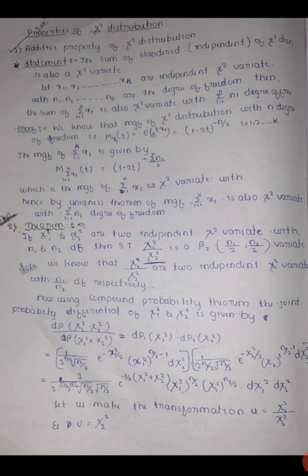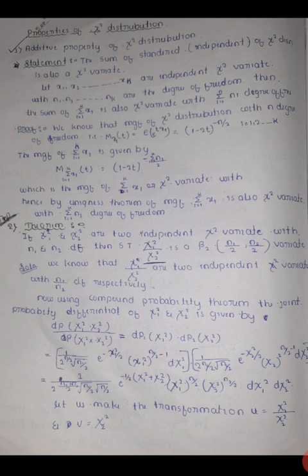Let us consider x1, x2, and so on, xk, independent chi-square variates with n1, n2, and so on, nk as the degrees of freedom. Then the sum, that is summation xi, i equal to 1 to k, is also a chi-square variate with summation ni, i equal to 1 to k, degrees of freedom.